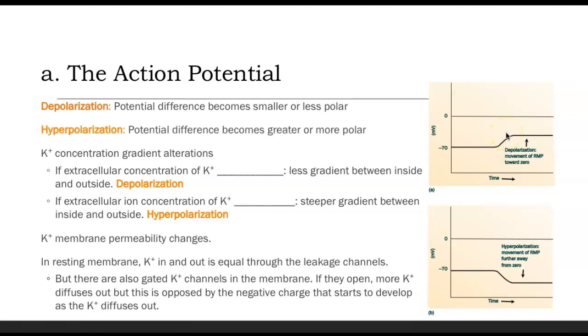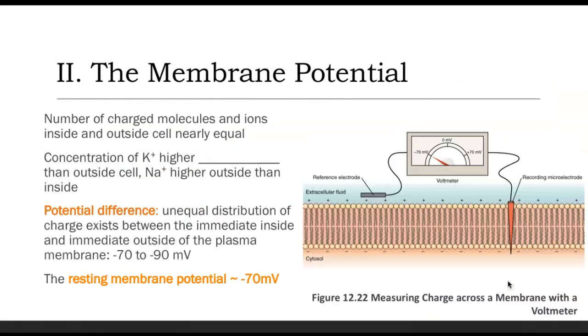Whereas hyperpolarization is a potential difference that becomes greater or more polar, meaning we're becoming more negative and creating even more of a difference in polarity. Think of different charges, right? As the inside becomes more positive, we're becoming more like the outside of the cell.